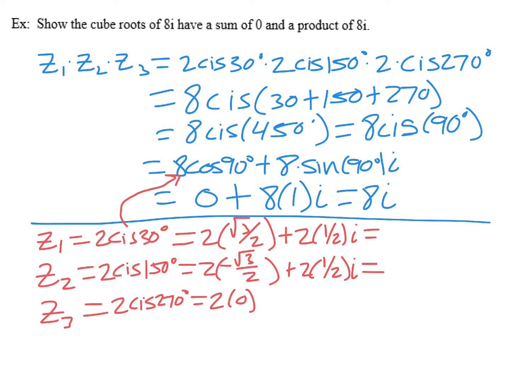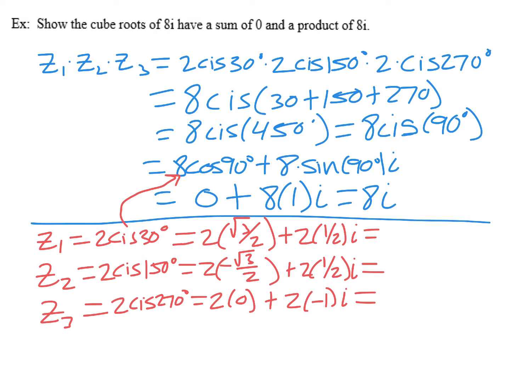Let's see, cosine of 270 is 0. Sine of 270 is -1. Okay? I'm supposed to be showing that these three numbers have a sum of 0. Okay? So that's what we're after here.